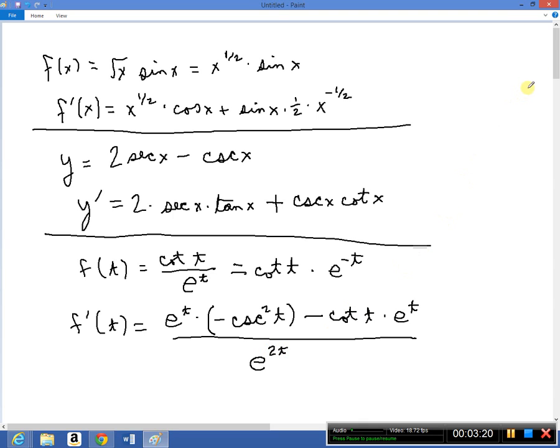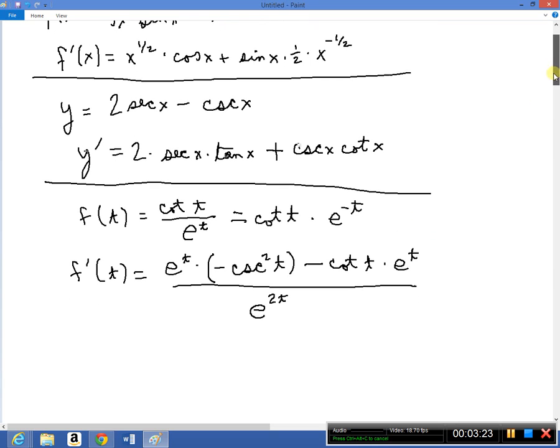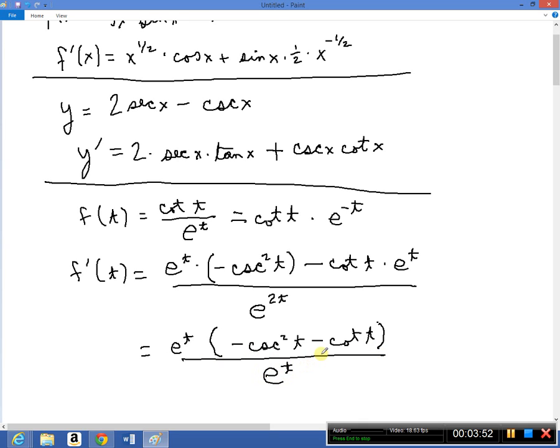And we should see if this might simplify just a little bit. It's pretty clear to me that you could factor out an e to the t. So if you do that, you get e to the t out here, multiplied by what's left. Looks like everything has a minus, so it's going to be minus cosecant squared of t minus cotangent of t, and that's all divided by e to the 2t, which of course was e to the t times e to the t.